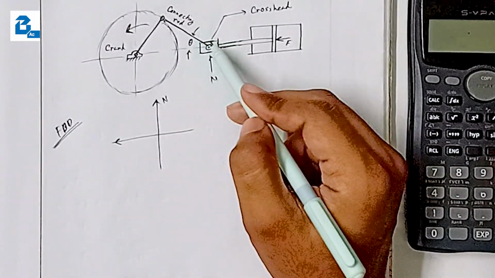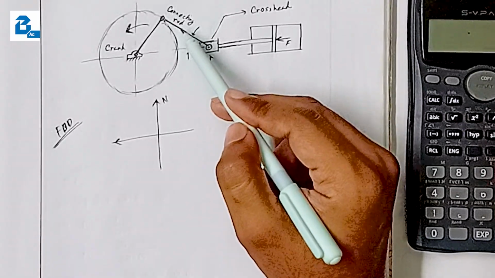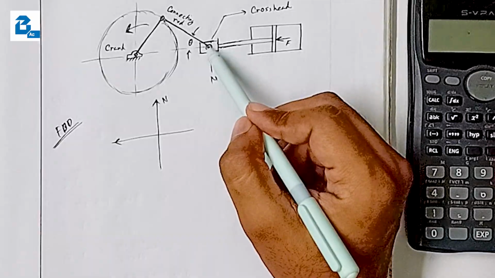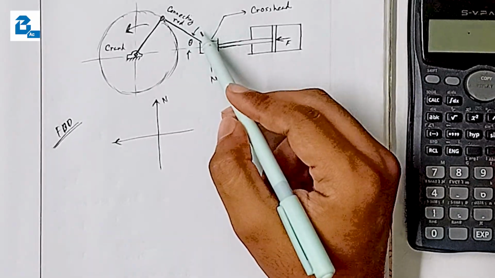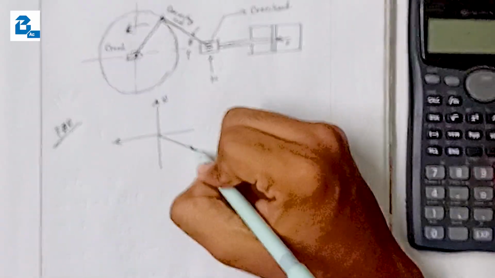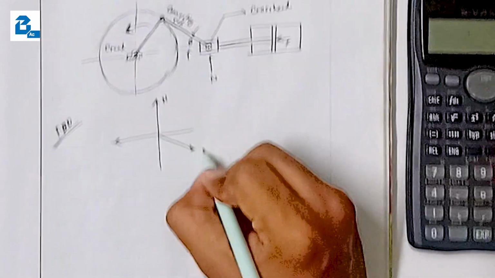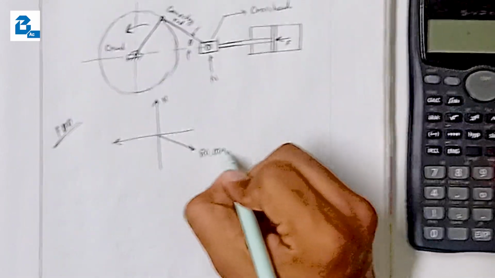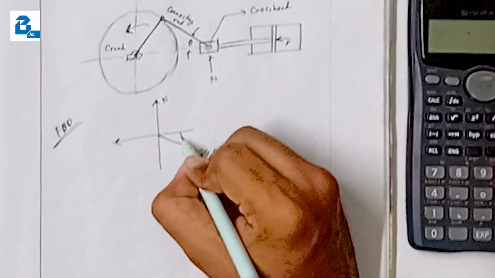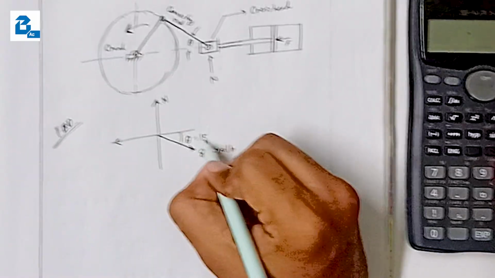And then the connecting rod, since it is pushed back with the force of 80,000 pound, will create a reaction force equal to that in the opposite direction on the crosshead, so that would go in this direction. This force would be 80,000 pound, and the angle it makes with the horizontal axis would be theta degree, which for this math would be 15 degree.